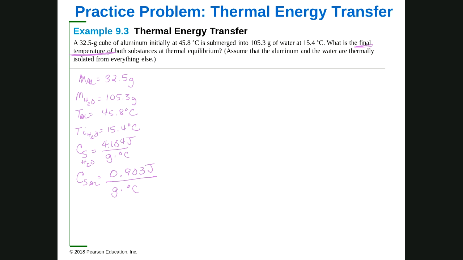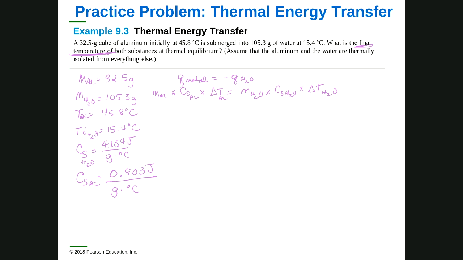Q of the metal equals a negative Q of the water, because what is lost and what is absorbed have to be equal. So M sub Al times C sub s of Al times delta T of the aluminum is equal to negative M of H2O times C sub s of H2O times delta T of the water.